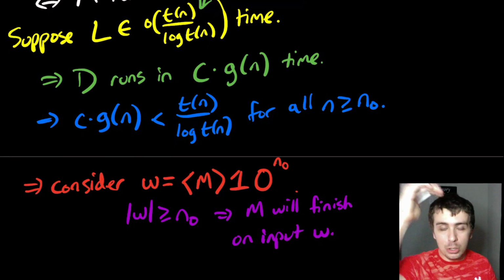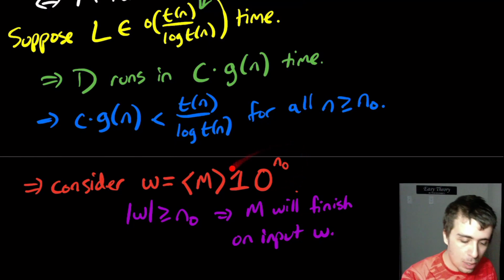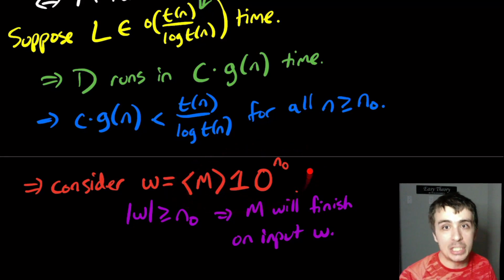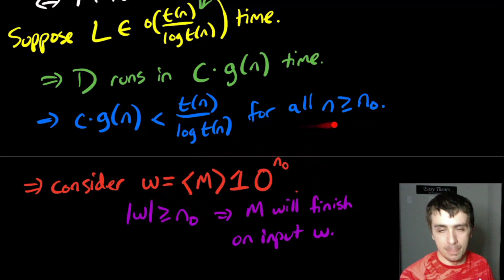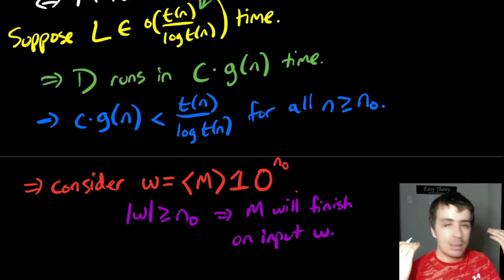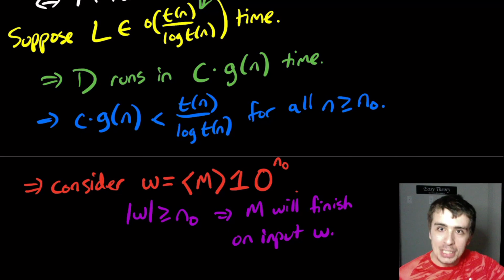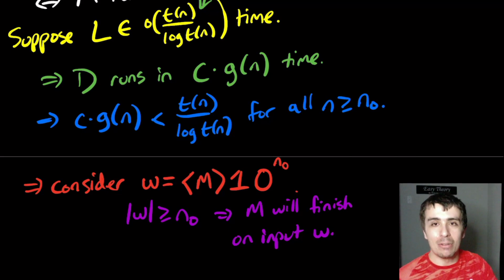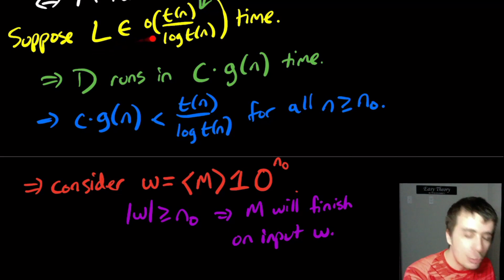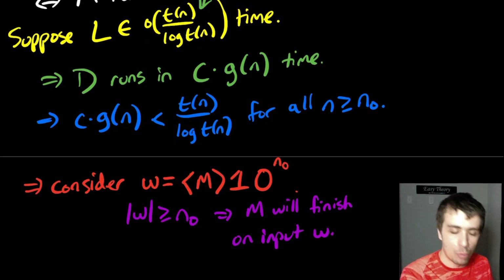So M actually will finish on W because this input is sufficiently big. We don't know what this number is, but we don't have to construct the language specifically. We just have to know that there is a constant n0 for this language, and we know that because we're supposing that it runs in the little o runtime.